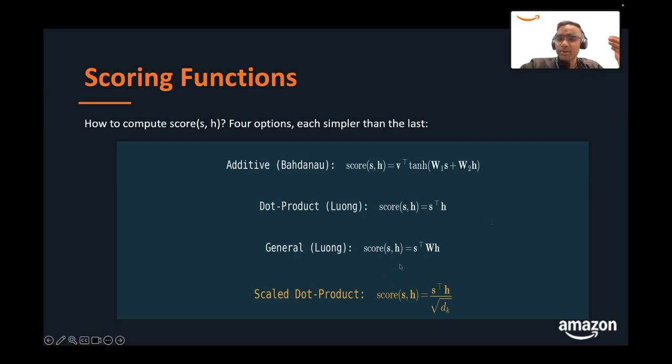Another thing I can do is take a dot product, but with some tuning in it. Or, if we want to go into something more interesting, we can call it an energy function. We have some weights. I don't want to take a simple dot product between S and H, but I want to weigh different dimensions of S and H differently while taking the similarity between these two vectors.